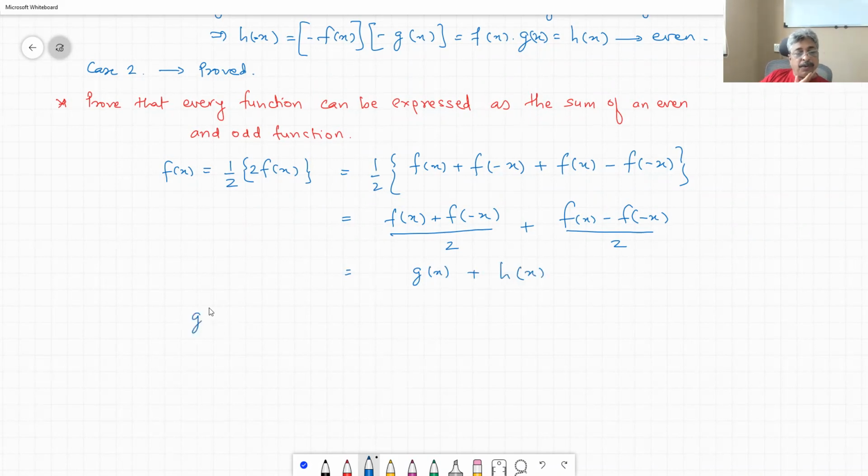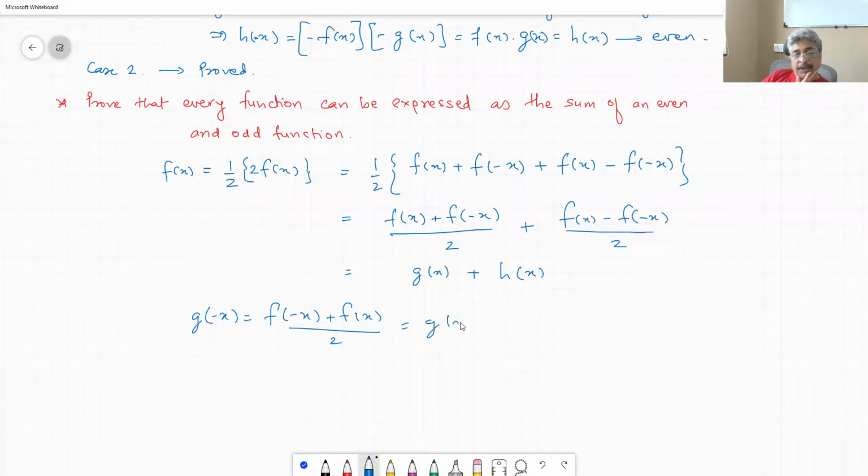So g of minus x is equal to f of minus x plus f of x upon 2, which is equal to g of x.